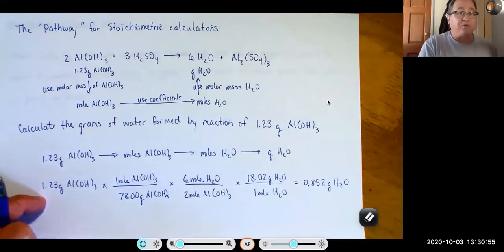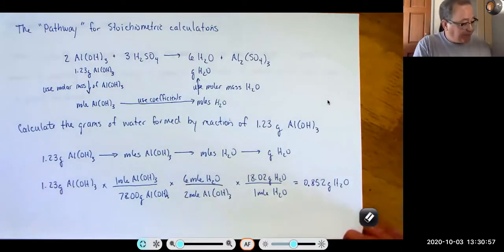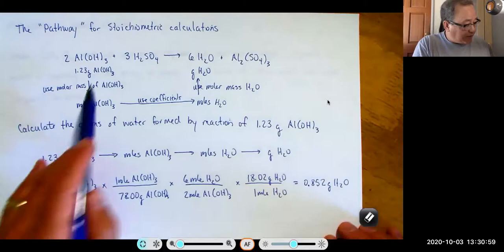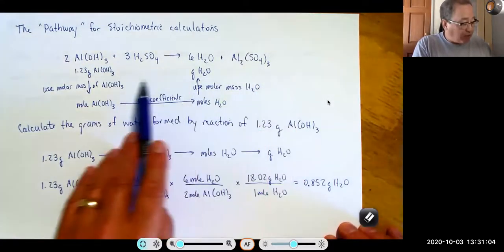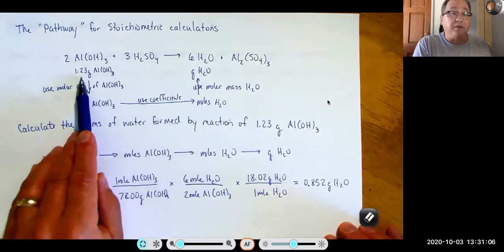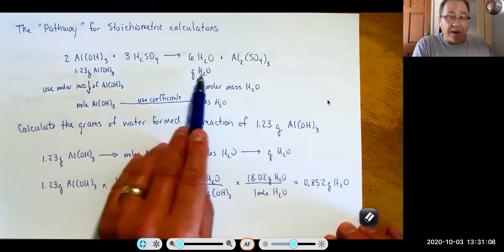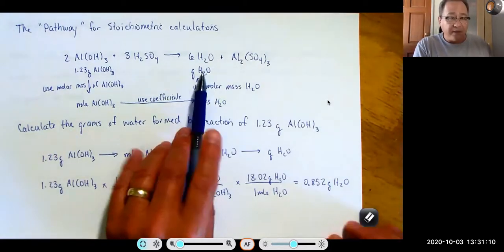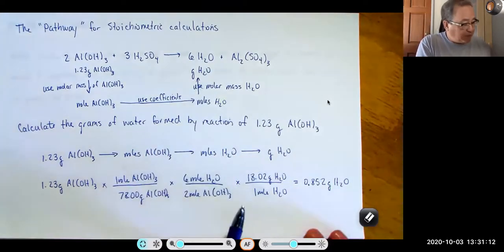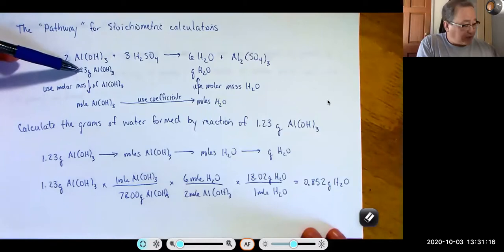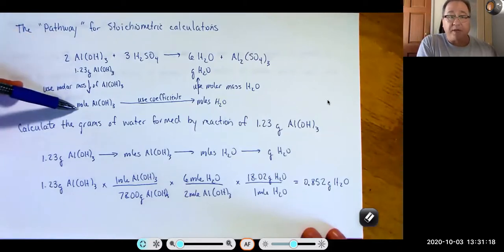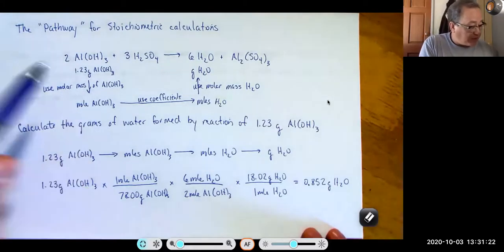The pathway for stoichiometric calculations is as follows. So here, if we take a look, this is the reaction. And let's say that we start off with 1.23 grams of aluminum hydroxide and we wanted to get grams of H2O. Here's the pathway. We would take the grams of aluminum hydroxide and we would calculate the moles of aluminum hydroxide, and we'd use the molar mass of aluminum hydroxide to do that.